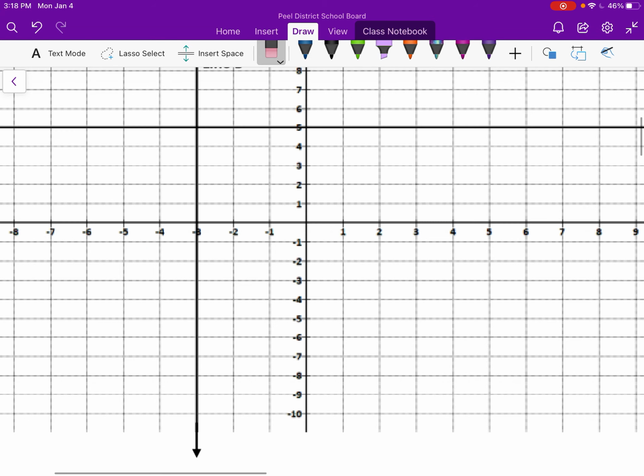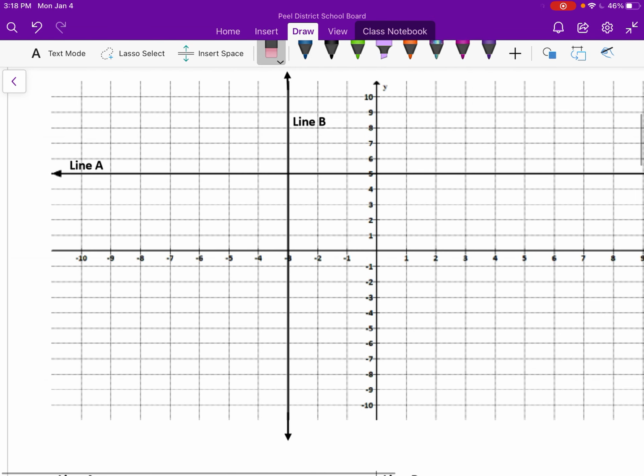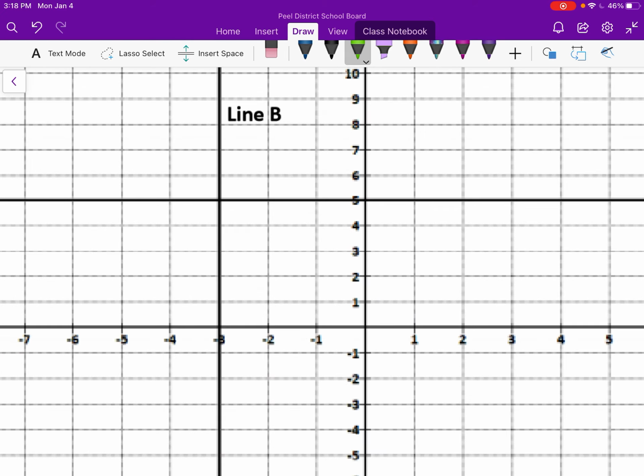So I'm going to do a few things here. For line A, the first thing I'm going to find is where it intercepts the y-axis. It intercepts right here, so the y-intercept is (0, 5). You probably can't see that right now, but that's a 5.